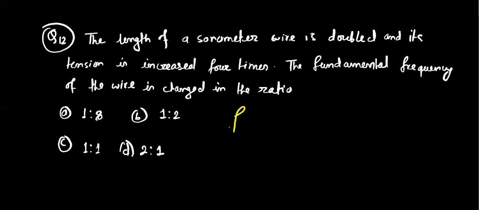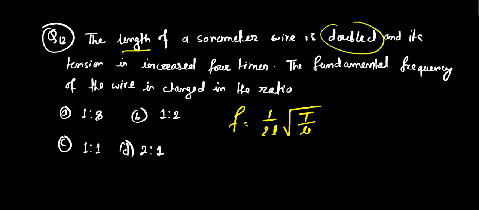Okay, so first of all we are going to write the equation for the fundamental frequency for a wire, and this is equal to 1 by 2L root under T by mu. So here two parameters are changed. Length is made doubled and tension is increased 4 times.